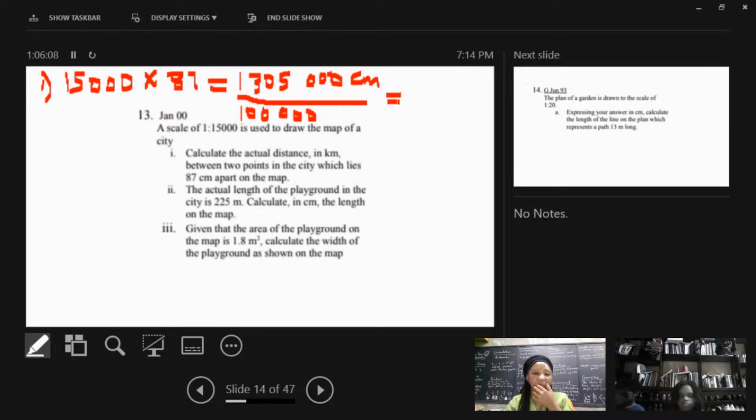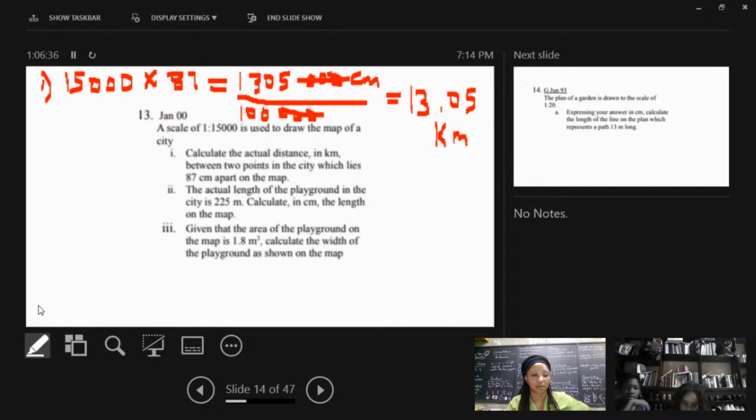So cancel these three zeros. So divide this by 100, move two decimal places. That would be 13.05 kilometers.